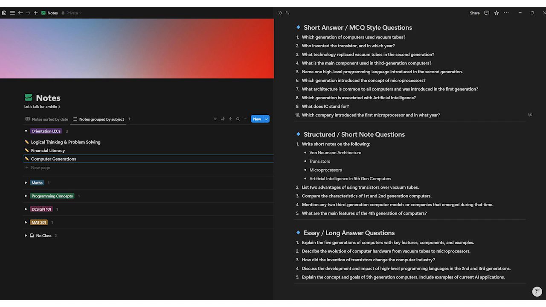Which company introduced the first microprocessor, and in what year? Let's see. I guess IBM is the first.